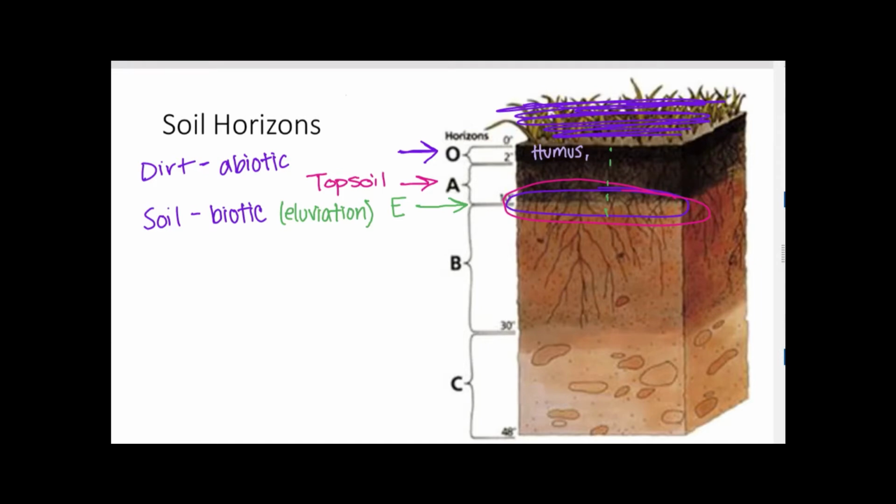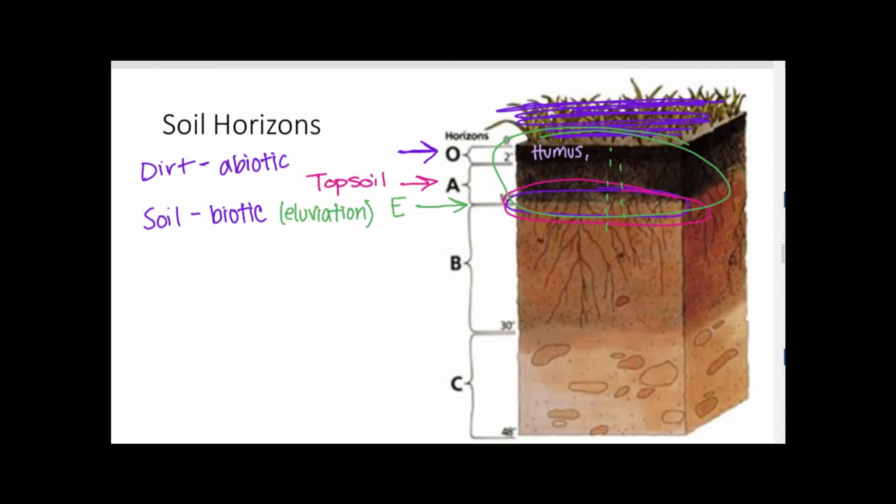Minerals and things leach down in the soil, and so alluviation is that process. So some of these biological materials in these top two layers are leaching down. A lot of those nutrients and minerals are leaching down into the bottom. And so that's a little thin layer, and they call it the E horizon.